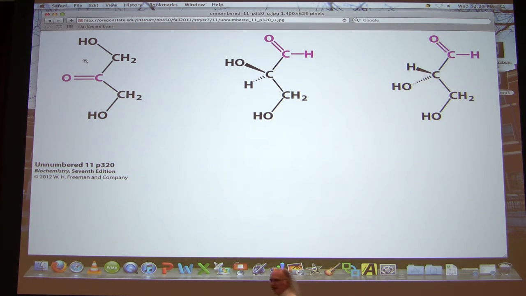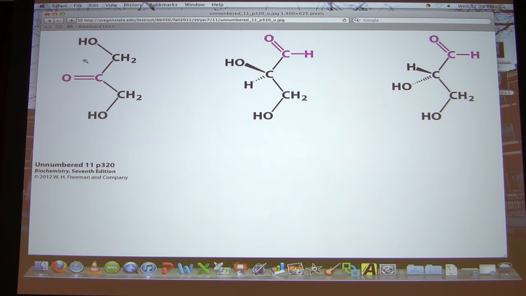A carbohydrate that has a ketone bond in it is called a ketose, K-E-T-O-S-E. Whenever you see the letters OSE on the end of a name, we're talking about a carbohydrate. A ketose is a general name for a carbohydrate that has ketones. Fructose is a specific ketose.